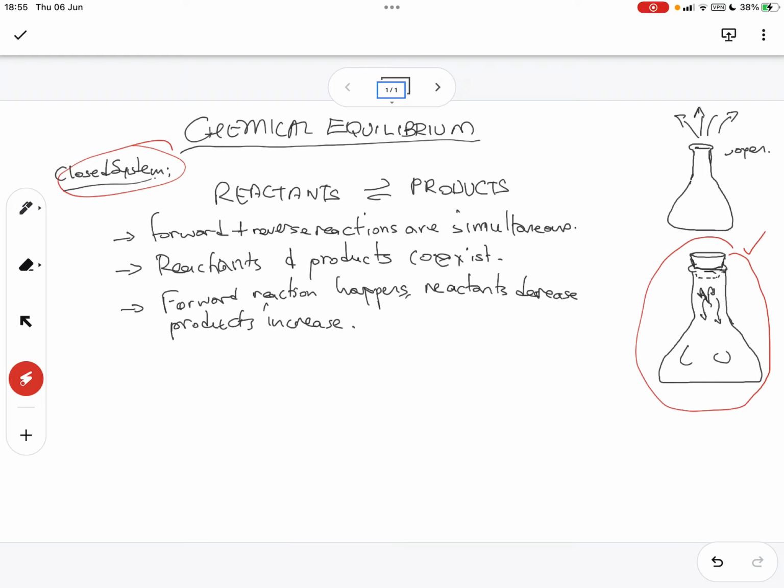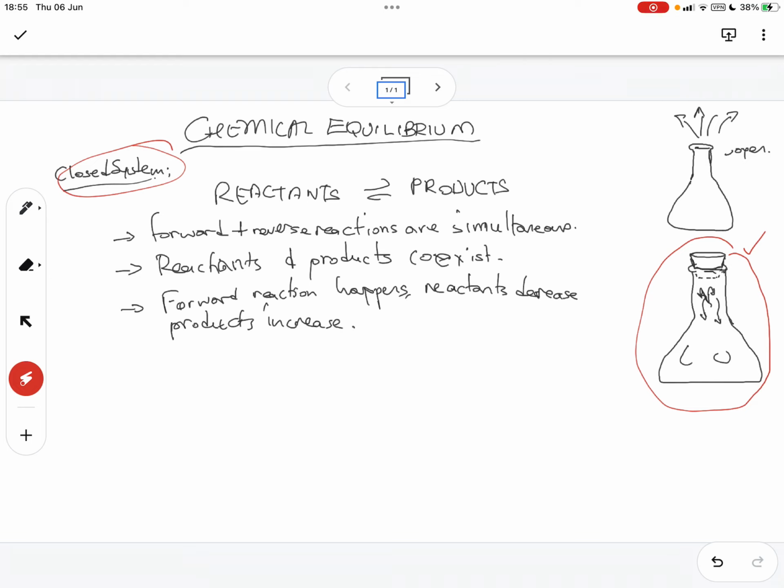So we've got a quantity of reactants, and it is measured against another quantity of products, and also against time, how over time the reaction happens.